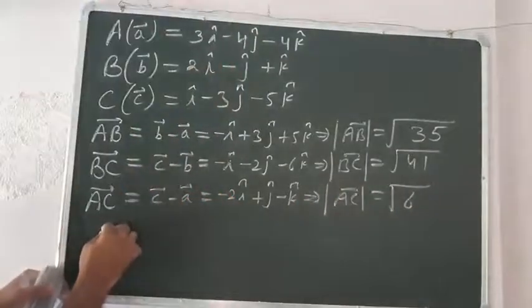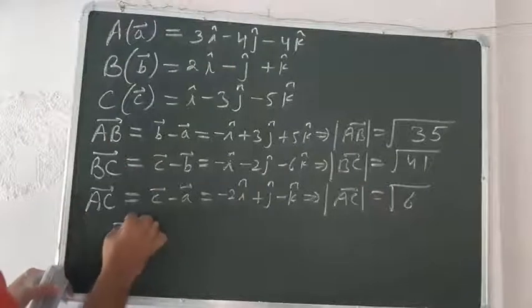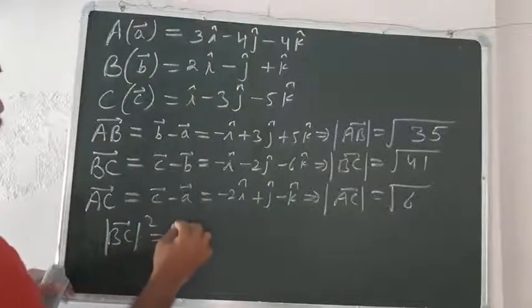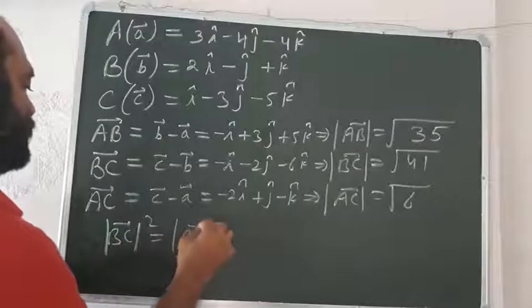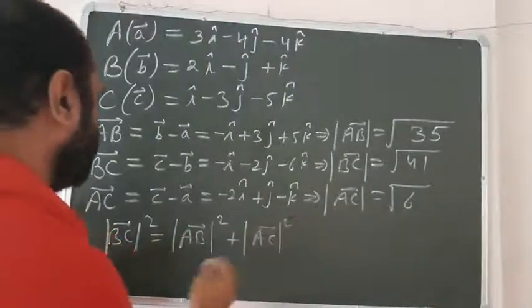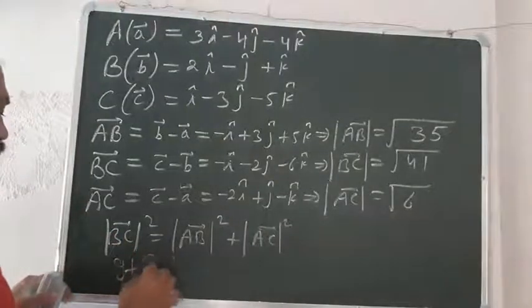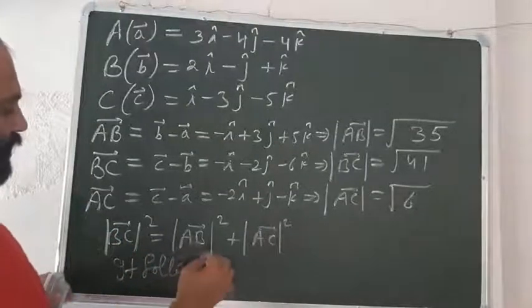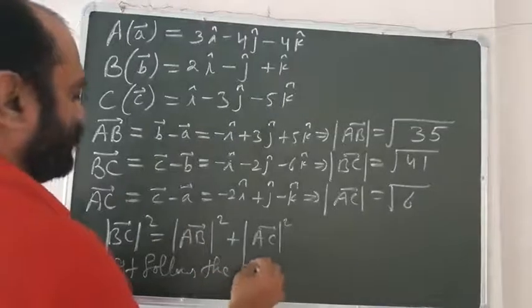So as you see, BC vector magnitude square is equal to AB vector magnitude square plus AC vector magnitude square. So it follows the Pythagoras theorem.